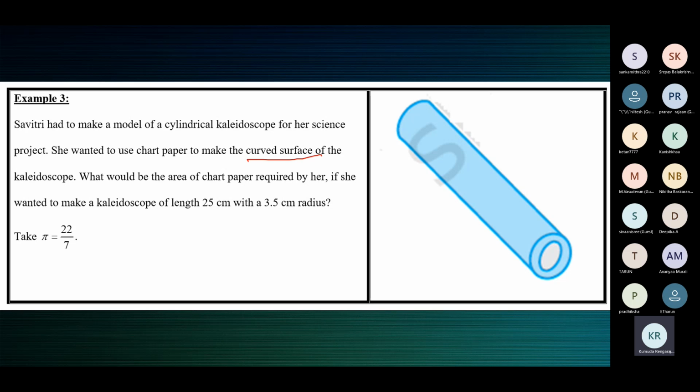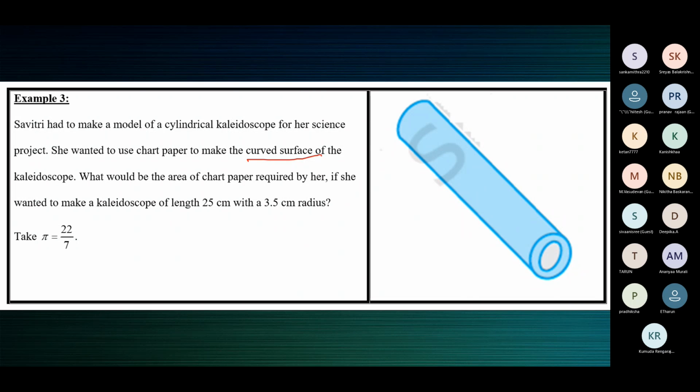Chart paper is used only to make the curved surface of the kaleidoscope. The kaleidoscope is cylindrical, radius 3.5, height 25 centimeters. So how much chart paper?